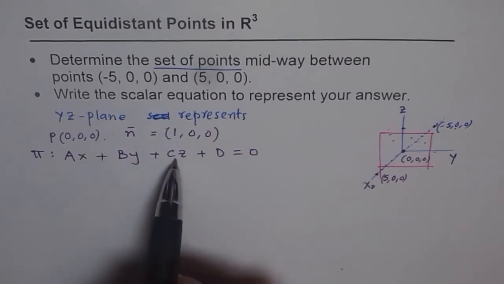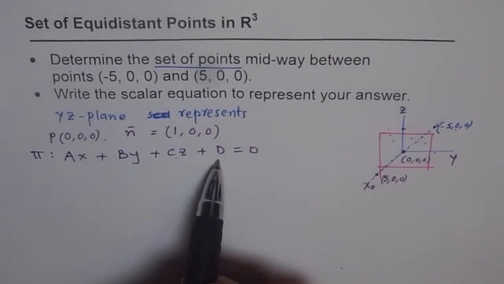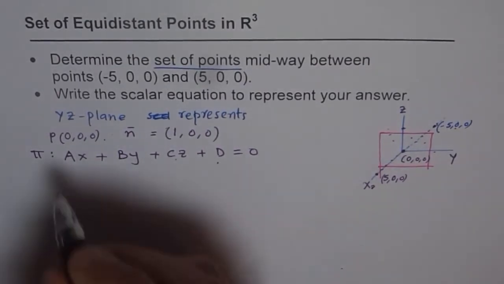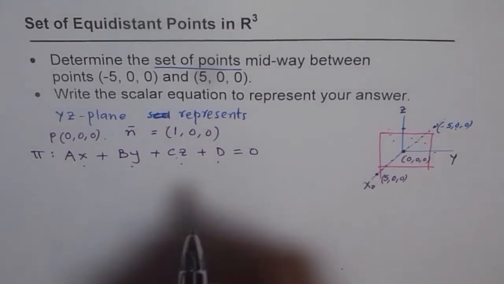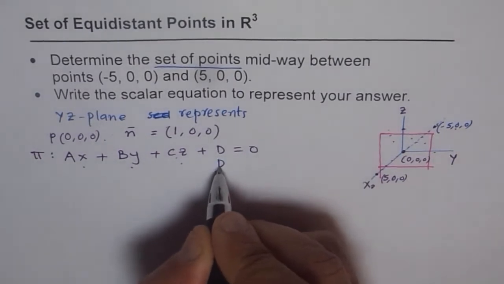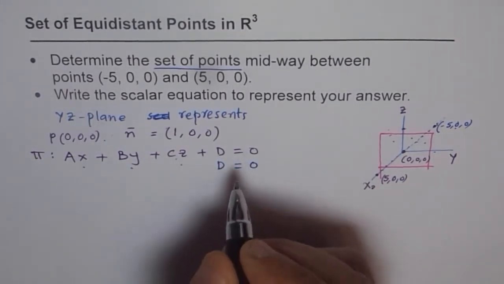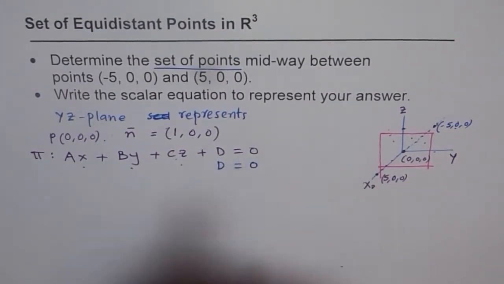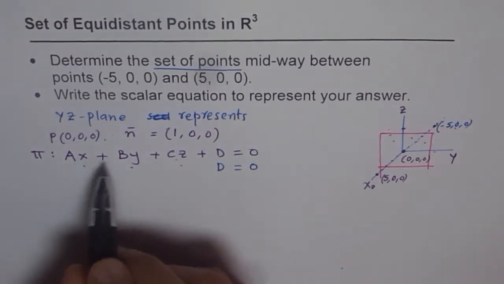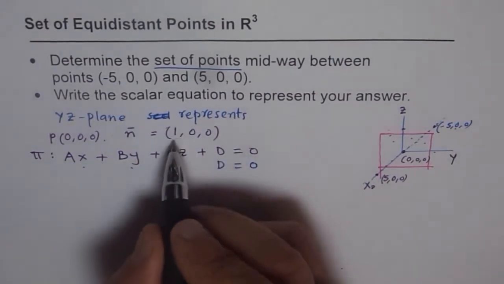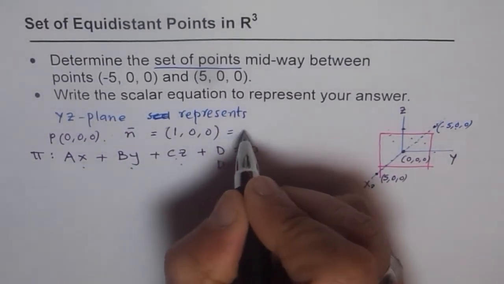If (0, 0, 0) lies on the plane, then what is d? We can plug in (0, 0, 0) here, and we get d equals 0. Since d equals 0, we get ax + by + cz = 0. Now what are the a, b and c values? Actually speaking, the normal gives you the a, b and c values, correct?